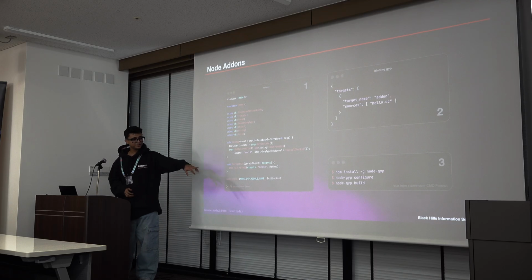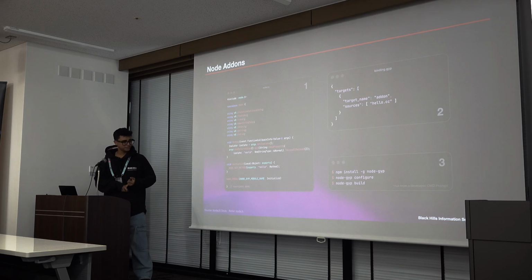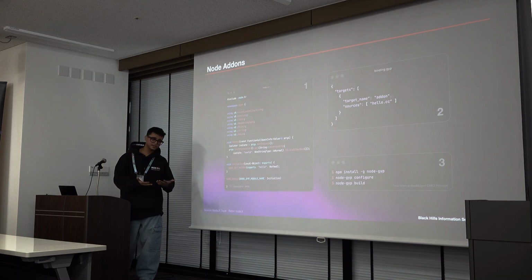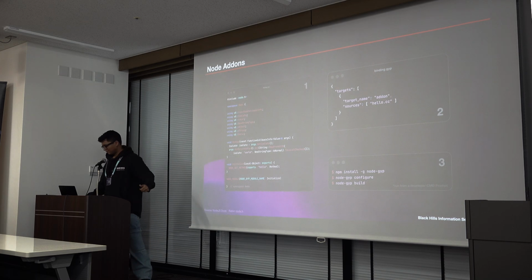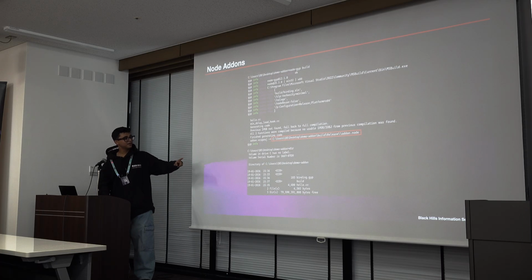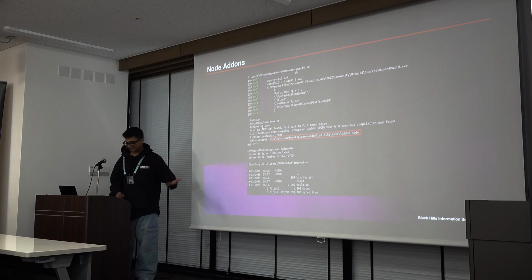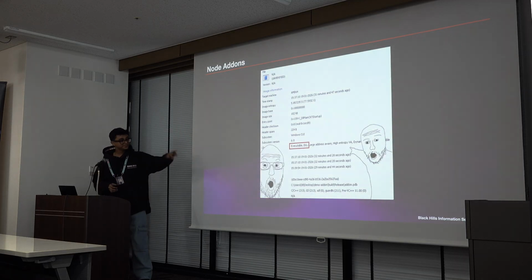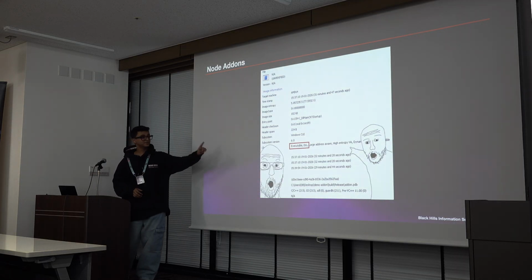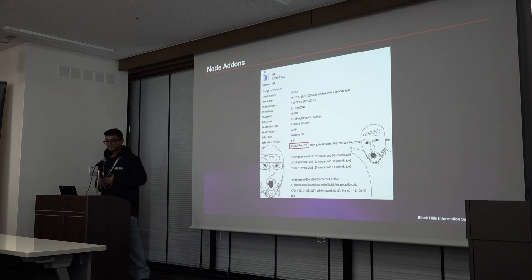And finally, you need to run three commands where you install node-gyp, you configure it, and then you build it. You just need to do it from a Visual Studio command prompt, and at the end of it, you should have an addon.node file. And if you load it into a PE viewer, you will see that it marks it as an executable DLL. Thereby, you can confirm that this is an executable DLL.